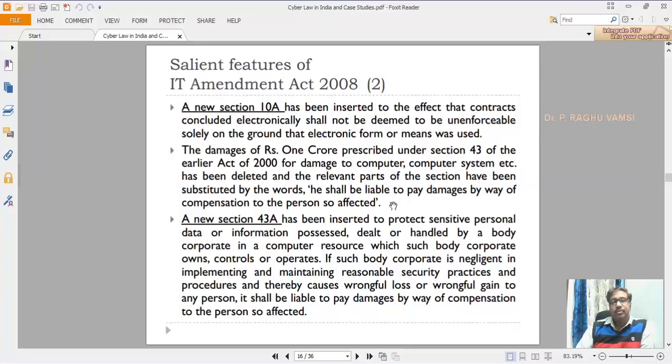Volkswagen. Volkswagen is a company which is a producer of many cars. Usually, the Volkswagen car will be having the engine at the back side instead of having the engine at the front side. That is what the specialty of the Volkswagen. And to control this Volkswagen engine, there is a software developed, and that software will always give you the information about the pollution level that the car produces.